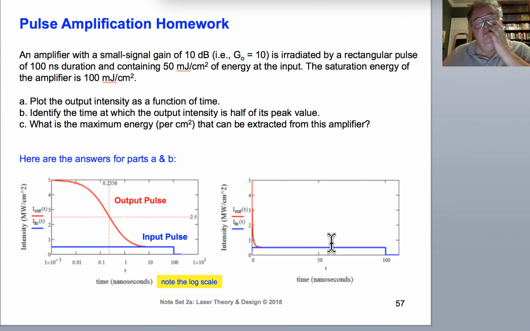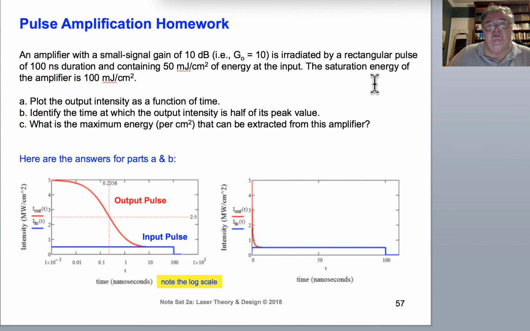Okay, very simple problem in a certain sense. I'm telling you of an amplifier with a small signal gain of 10 dB. In other words, G0 is 10. And I irradiate that by a simple rectangular pulse. This blue pulse is my input, a rectangular pulse, which is 100 nanoseconds in duration. And in that 100 nanoseconds, it contains 50 millijoules per cc of energy. Okay, so I'm giving you the fluence.